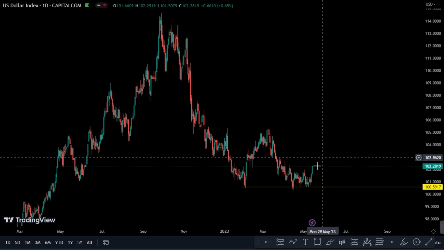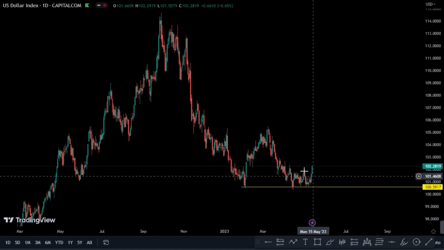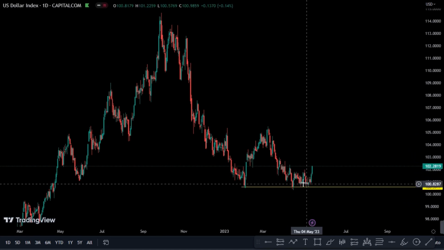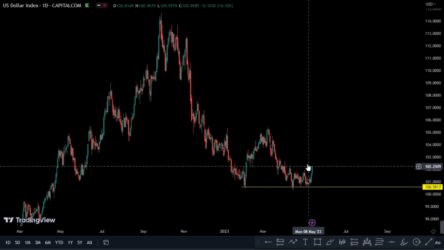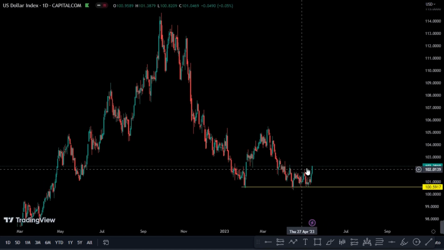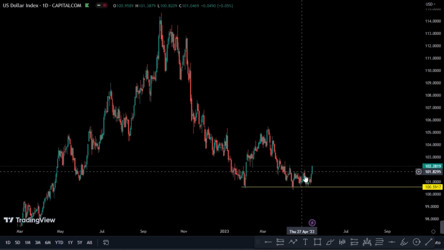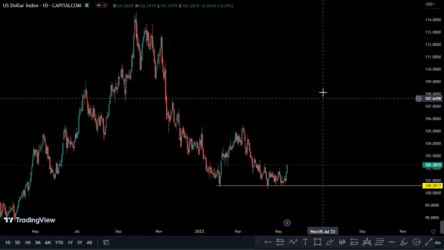Meaning that if you see the dollar index being bullish, then you would anticipate pairs with USD as a base currency, such as USDCHF and USDCAD, being bullish as well. And any pair with USD as a quote currency, such as EURUSD, GBPUSD, NZDUSD or AUDUSD, you'll find those pairs being bearish when DXY is being bullish.